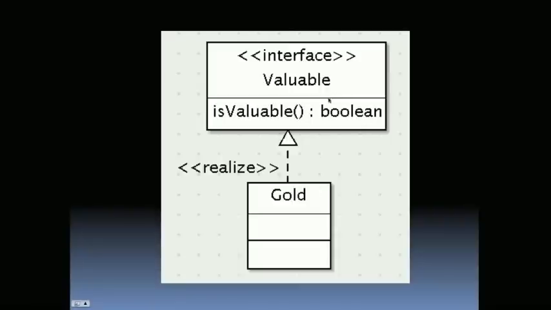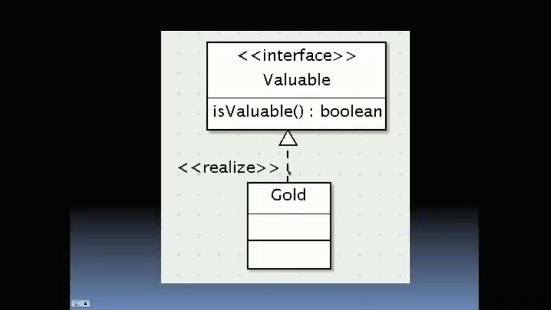And notice here that we have this interface defined. Notice that in ArgoUML it throws in what's called a realization mark here, basically because when you implement an interface, you are said to be realizing that interface. So in this case, Gold implements the Valuable interface. It's realizing that interface by agreeing to conform to the contract. And anytime you decide to conform to an interface, you are basically saying that yes, I will follow your rules, because if you don't, you'll get compiler errors.